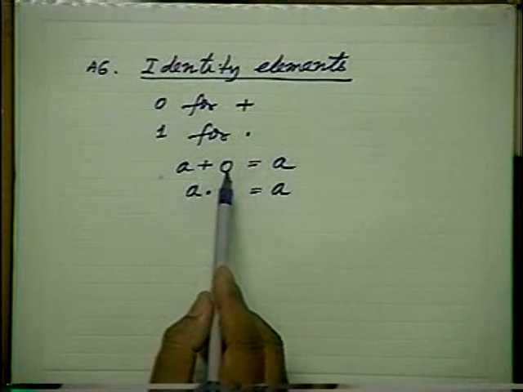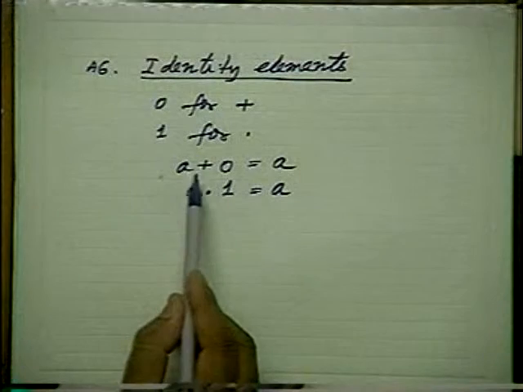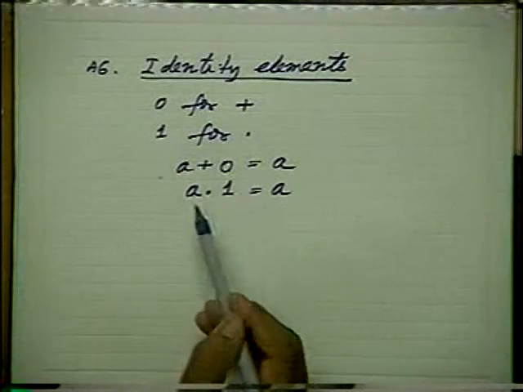That means A plus 0 is A dot 1 is equal to A. A, 0 and 1 are all elements of B.